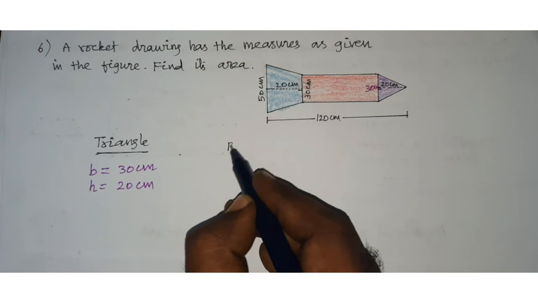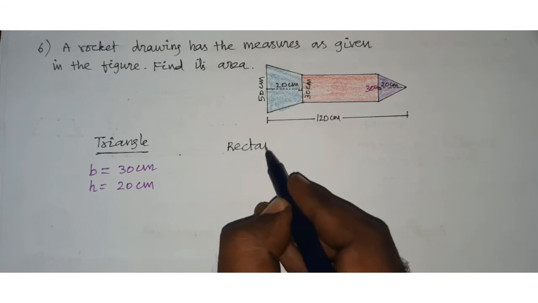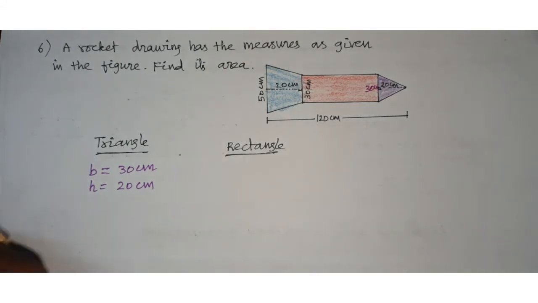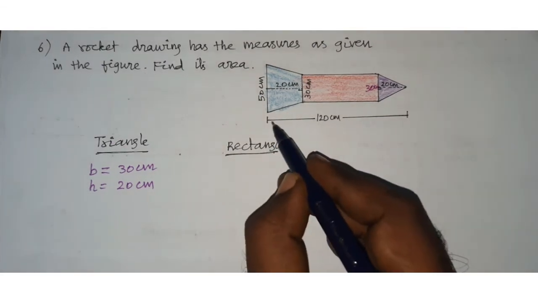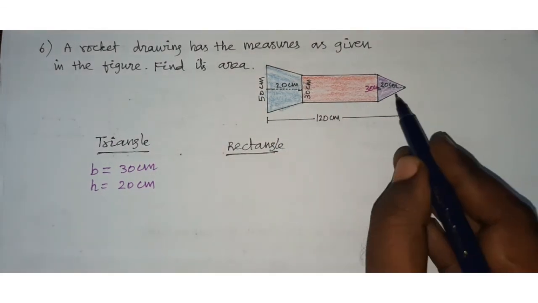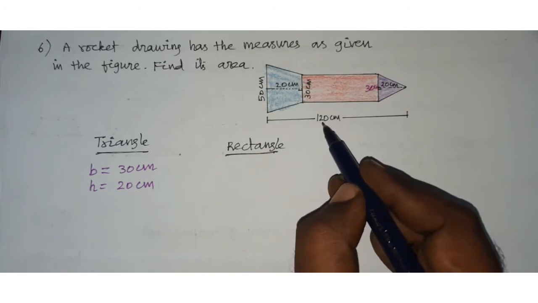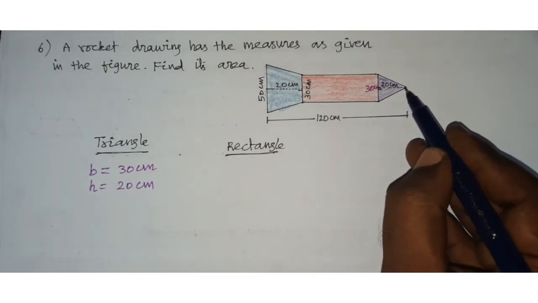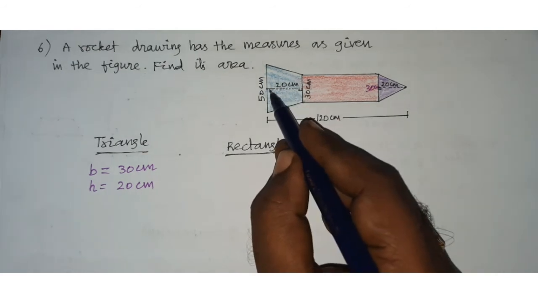Then the next shape is the rectangle. For the rectangle, what do we need? Length into breadth. Here the total length of the rocket is given as 120. We have to exclude the triangle portion and the trapezium portion.